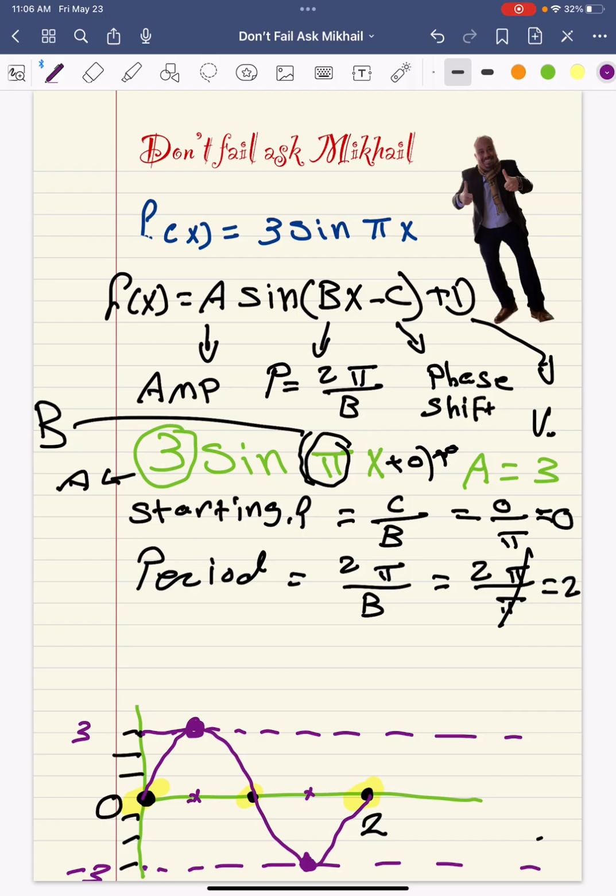Between 0 and 2, you have 2 units, so the middle point exactly is 1. So this will be 1, which is the midpoint: start plus end, divided by 2. How about this point over here? That is in between 0 and 1, which is one half. All right, and that is the graph.